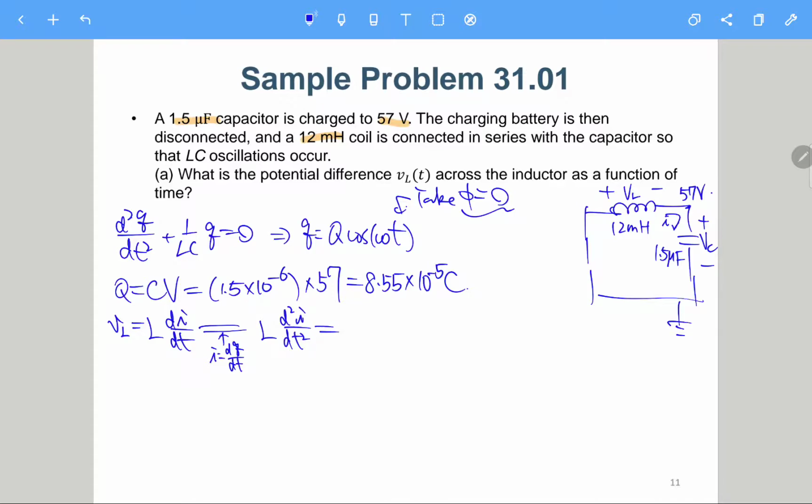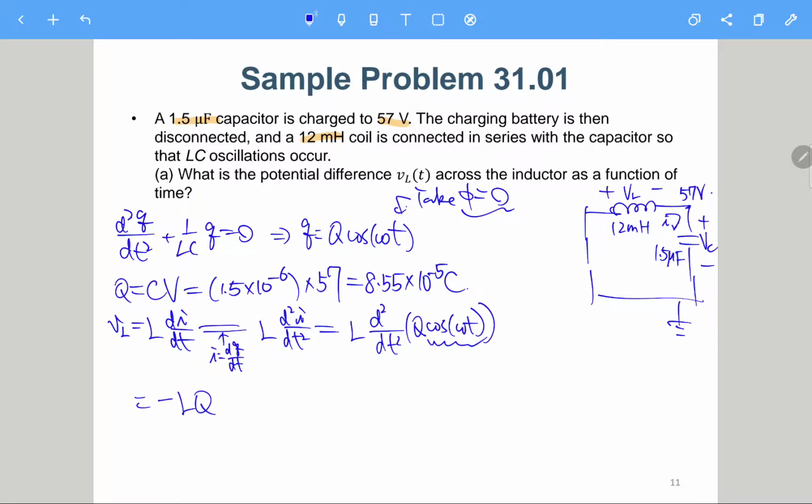So it should be L, and then we take the second derivative of Q cosine omega t, and of course Q is a constant, so we have LQ, and then the second derivative of cosine will be minus cosine, because the first derivative will be minus sine, and then the derivative of minus sine will be minus cosine.